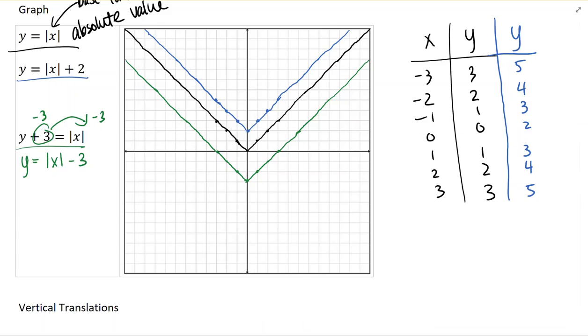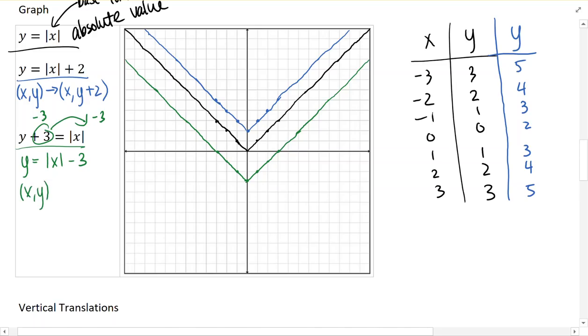Now let's just quickly look at the mapping for these graphs here, again from the original. This time we haven't moved anything left and right. So x stayed as is, but y moved up 2, so it's plus 2. For the other graph, we have x and y.